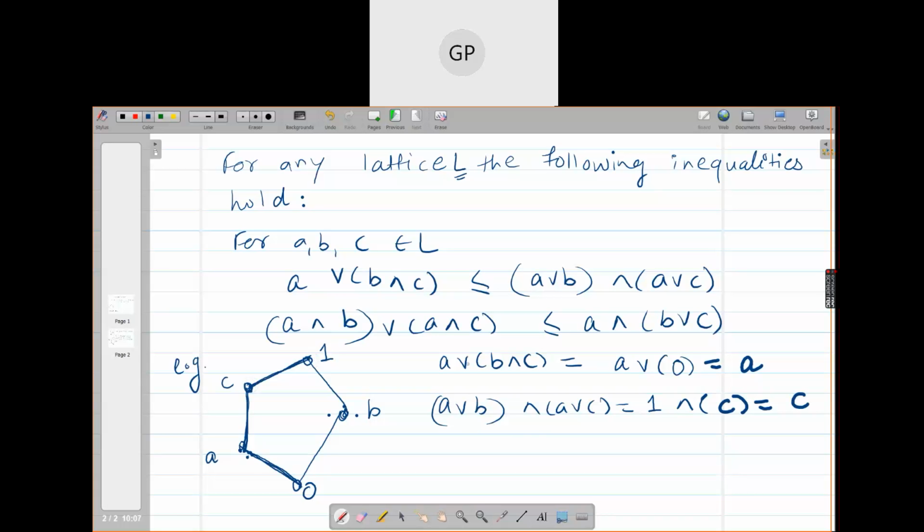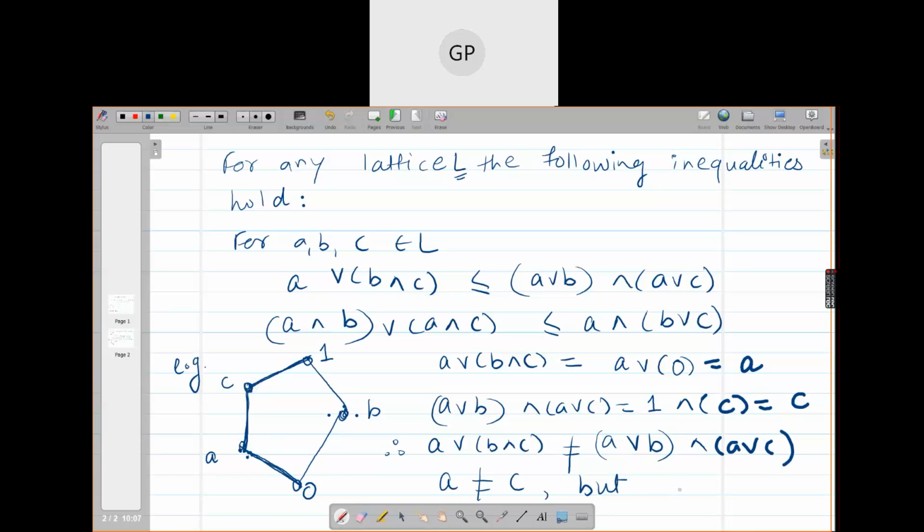Are you getting it? A join B meet C is not equal to A join B meet A join C. And in fact, what is the relation between A and C? A is not equal to C, but where do you find A and where do you find C? Do you see C above A?